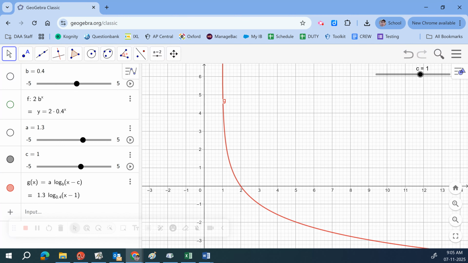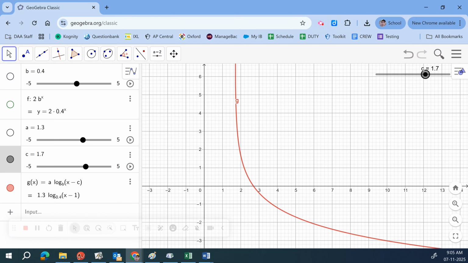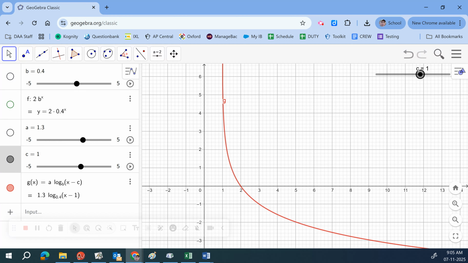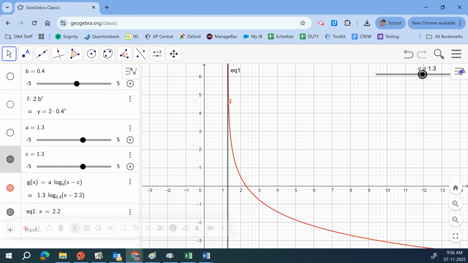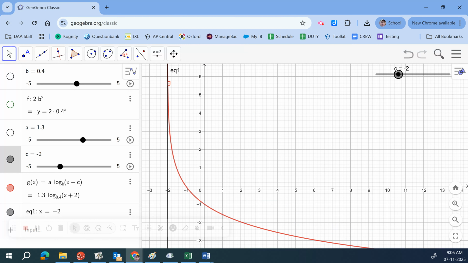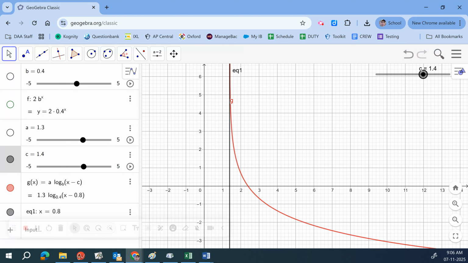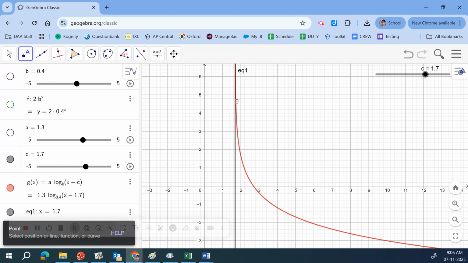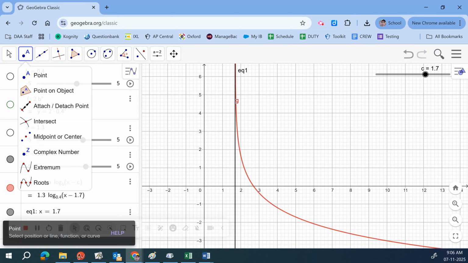If I move my C slider, it's going to move the vertical asymptote. We can see the vertical asymptote is going to be here, x equals C. And depending on what the value of C is, we get this vertical asymptote there. Notice this point. I said this is the important point. So we want to find this one.